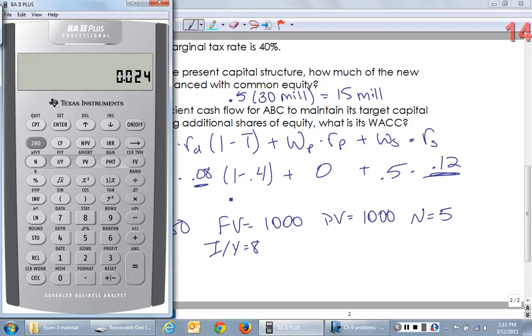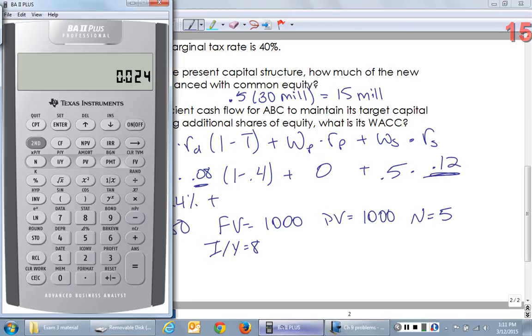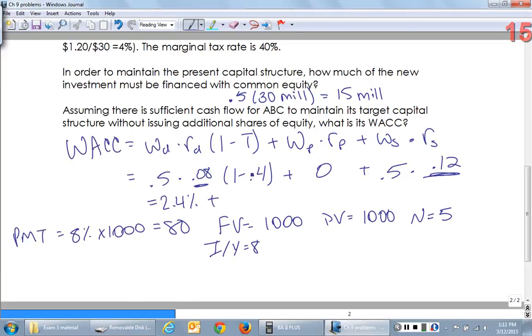So that's 2.4, plus 50% times 12% is 6%. So that gives us a weighted average cost of capital of 8.4%.